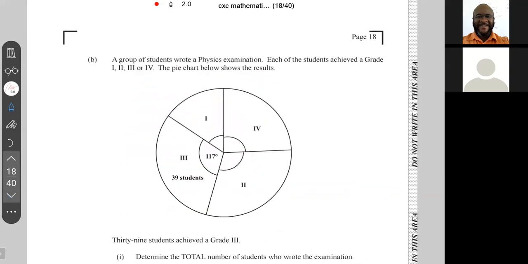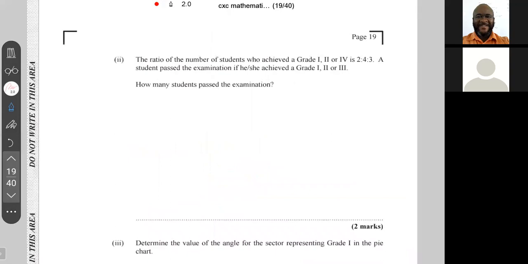What else? We're told that the ratio of the number of students who achieved grades 1, 2, or 4 is 2 to 4 to 3.